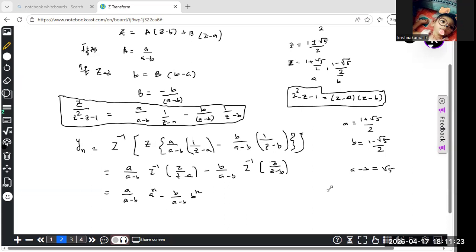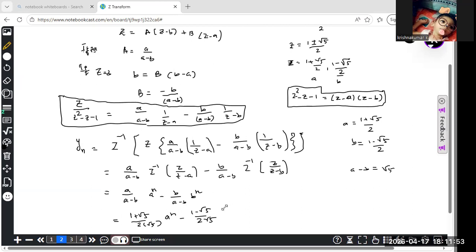Okay, so you just check this calculation. Here a is 1 plus root 5, so (1 plus root 5) divided by 2 into root 5, into a power n, minus b is (1 minus root 5) divided by 2 into root 5, into b power n.